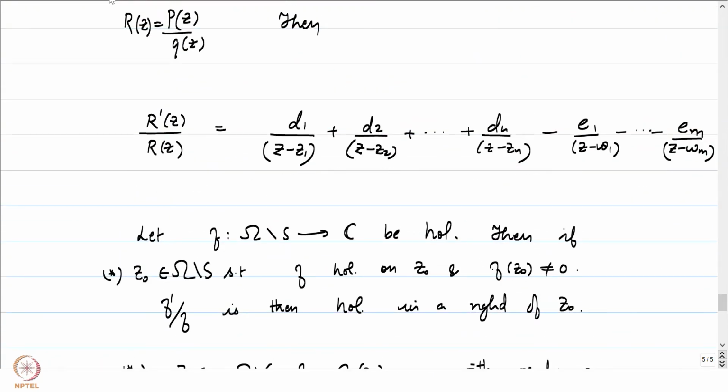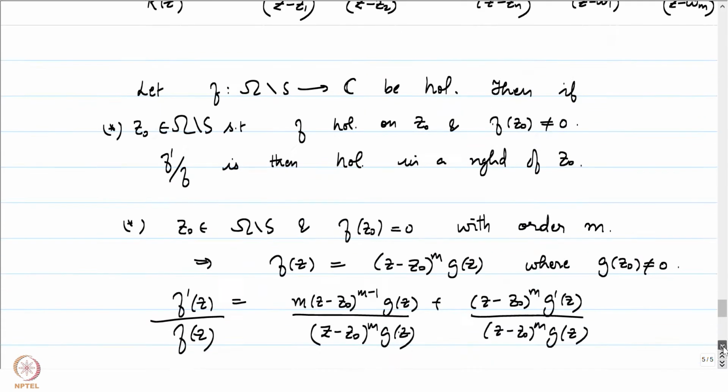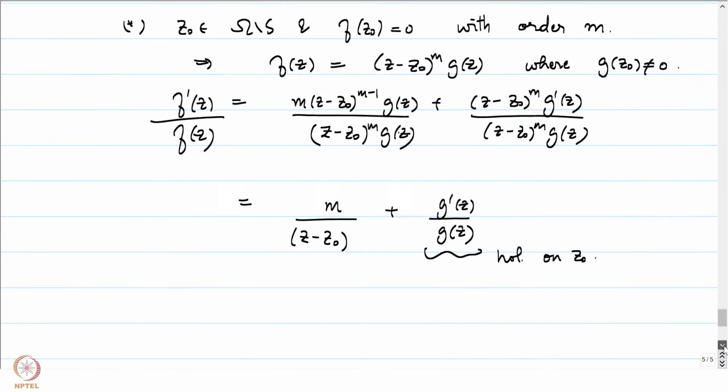Here at every point z1, z2, zn and so on, it has a simple pole, and the residue of the log derivative of r at zi's is equal to di, and the residue of the log derivative of r, the rational function, at wi's, is going to be equal to minus ei's. And when the pole appears, the residue is minus ei, and that's something similar that's happening here as well, right?